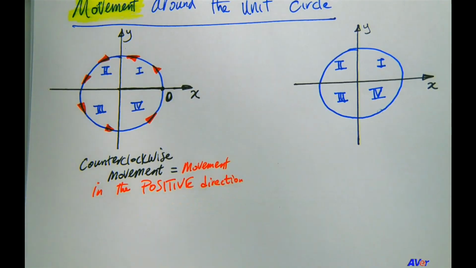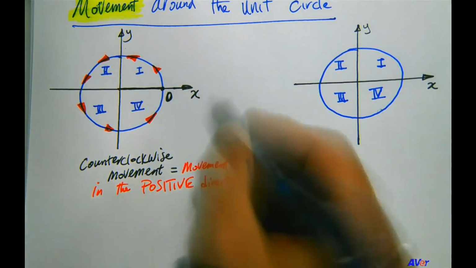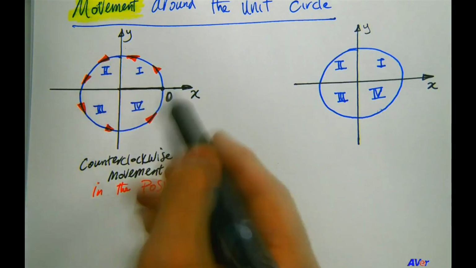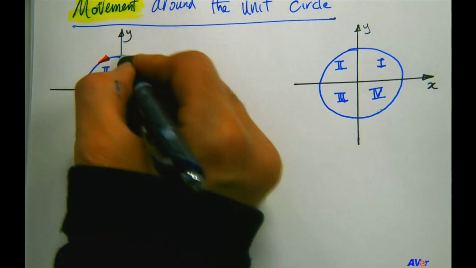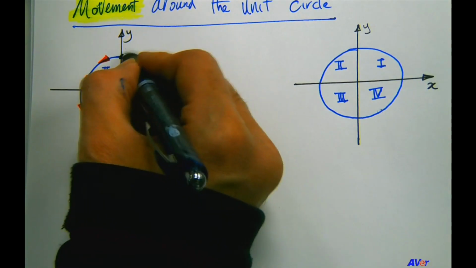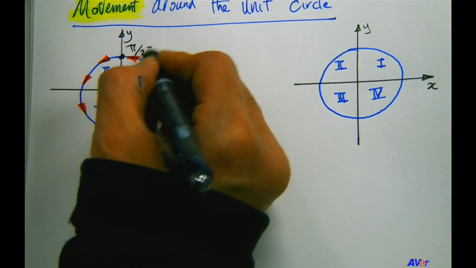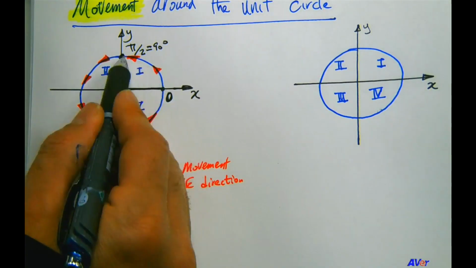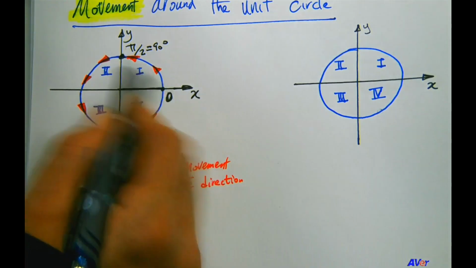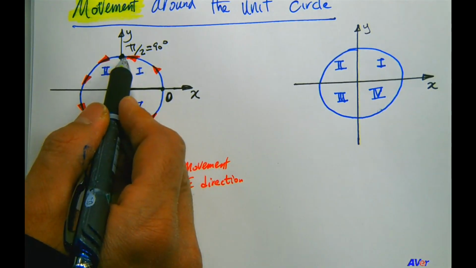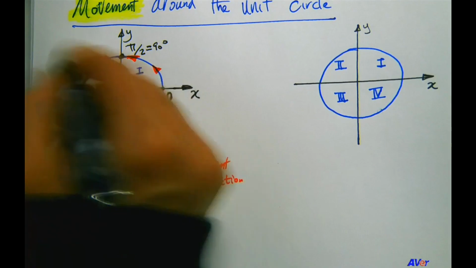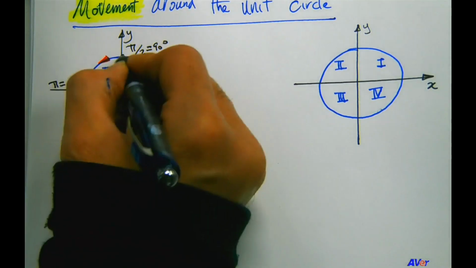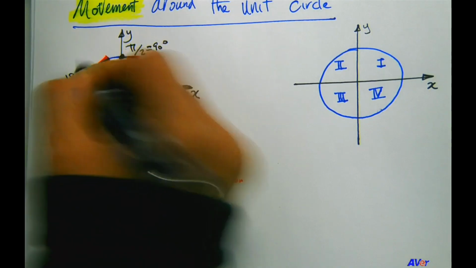Okay? And a few other pieces of information we can add to this diagram. For example, this point is pi over 2 radians or 90 degrees. If you trace an angle starting from 0 all the way to that, you've traced an angle of 90 degrees. If you continue that to here, that would be pi, which is equal to 180 degrees.